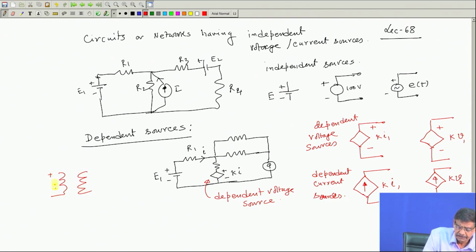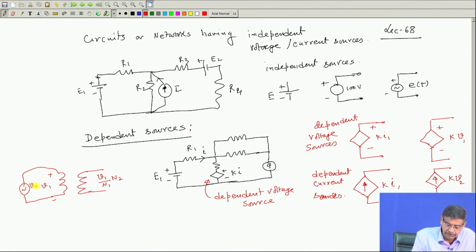If at any time this voltage is V1, if it is a transformer, the voltage between these 2 points will be V1 by N1 into N2. N1 by N2 is a constant. Therefore, suppose you have connected a voltage source which is V1, that is why this voltage has become V1. Then the potential between these 2 points gets fixed because of this, say an ideal transformer.